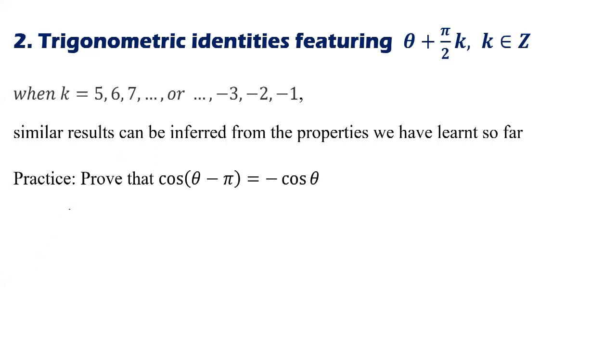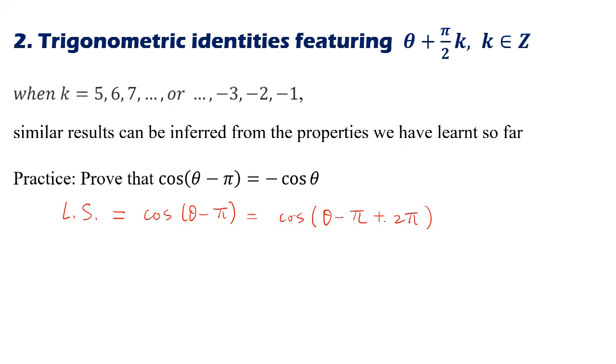Okay, have you finished? Okay, we can start from the left side, right? The left side equals cosine of theta minus pi. We can add another 2 pi, right?